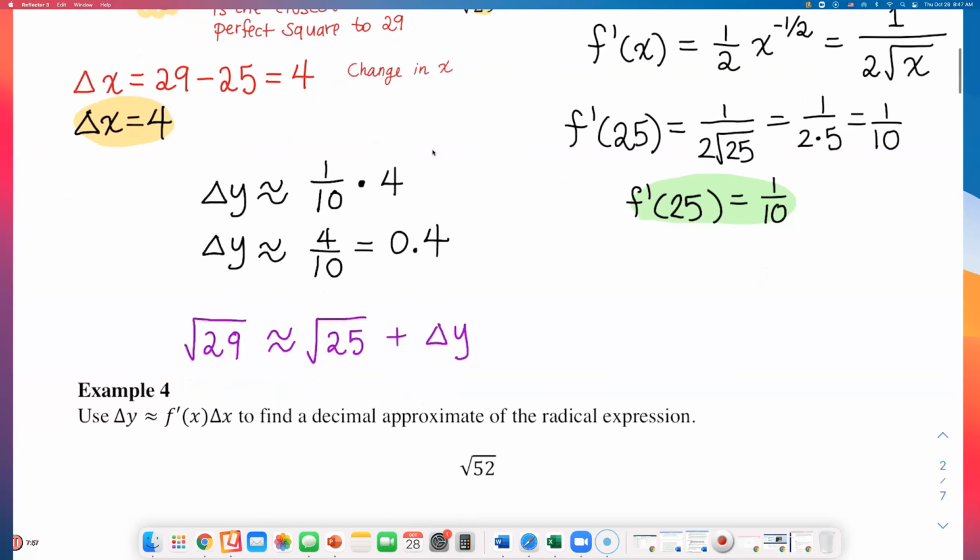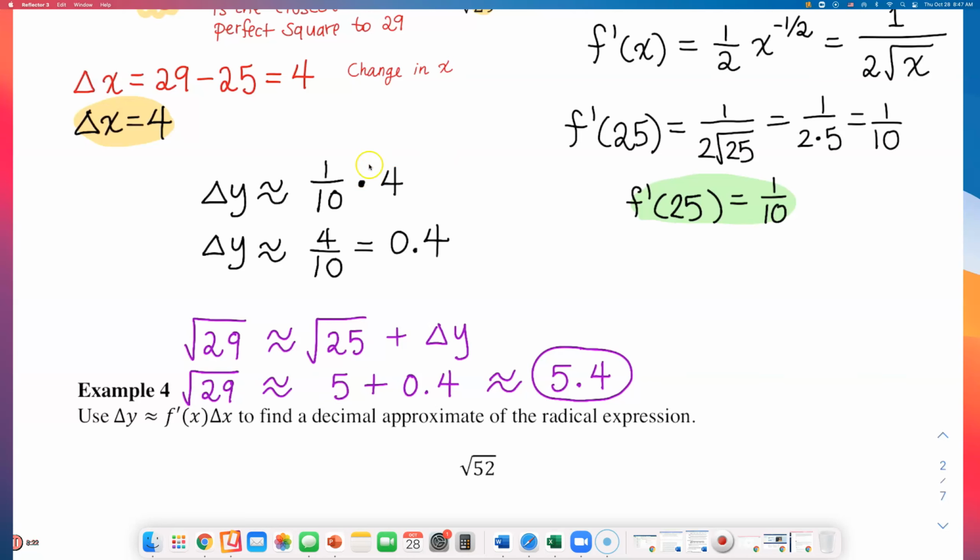So we have square root of 29 is 5 plus delta y, which is 0.4. So we'll say square root of 29 is approximately 5.4. So without using a calculator, we can estimate square root of 29.